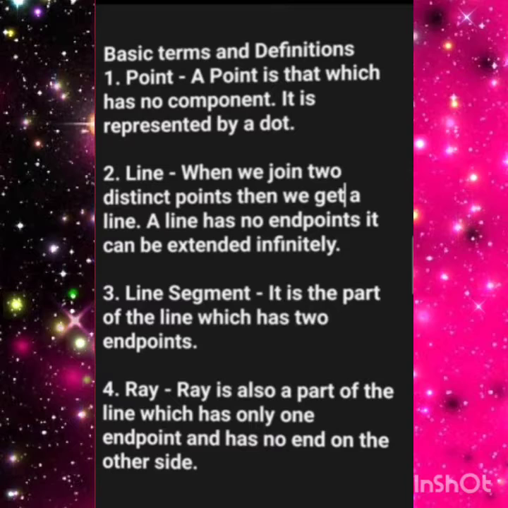Now let's proceed towards line segment. My dear student, you are well aware of this word. A line segment is the part of a line which has two end points. You can see the line is this much, okay, and some part of it I am capturing, that is, suppose I call this point X and this point Y. So X and Y are at a fixed distance on the line.